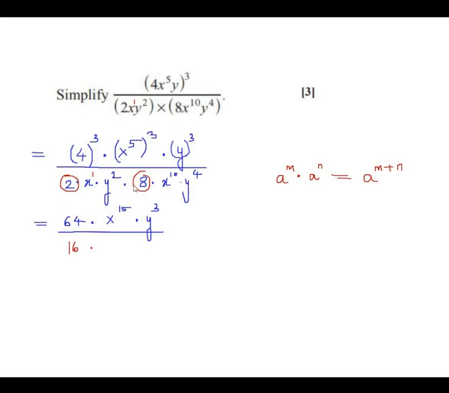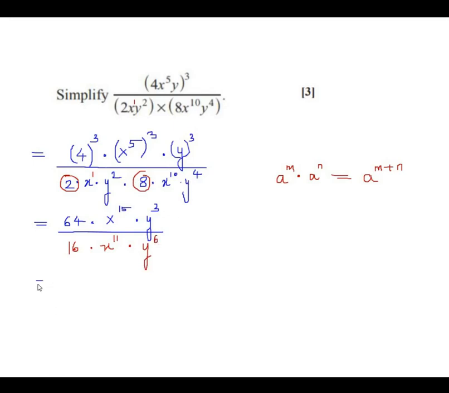So if the bases are the same, just add the powers. Adding the powers, we get 1 plus 10, which is 11. Now y squared times y to the power of 4. Using the same law, we just add up the powers. So 2 plus 4 is 6.